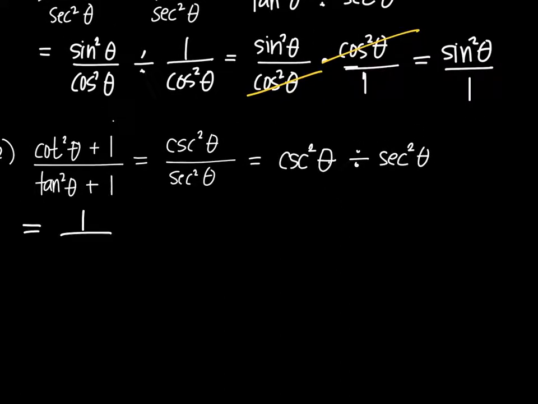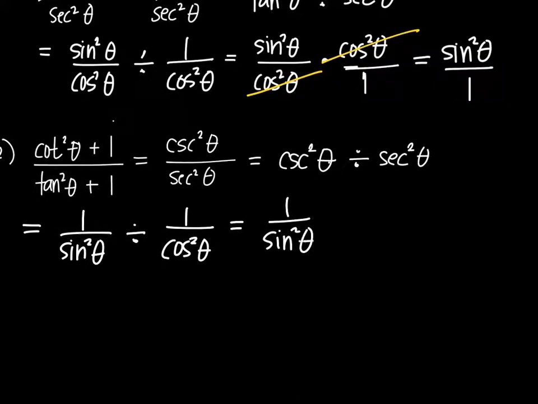So we've got 1 over sine squared divided by 1 over cos squared. The last thing to do would be to change division to multiplication. And so multiplication becomes cosine squared on the top over 1. And now that I'm finally in multiplication, I can reduce.